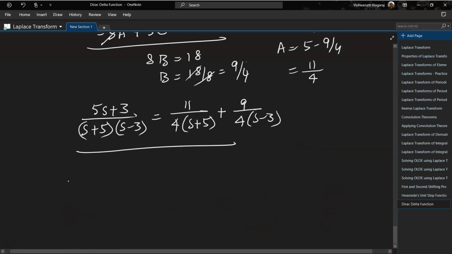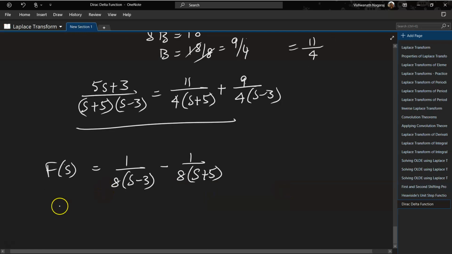Now let us say capital F of s is equal to 1/(8(s − 3)) minus 1/(8(s + 5)). Now take the inverse Laplace. So f of t would be 1/8 e^(3t) minus 1/8 e^(−5t).